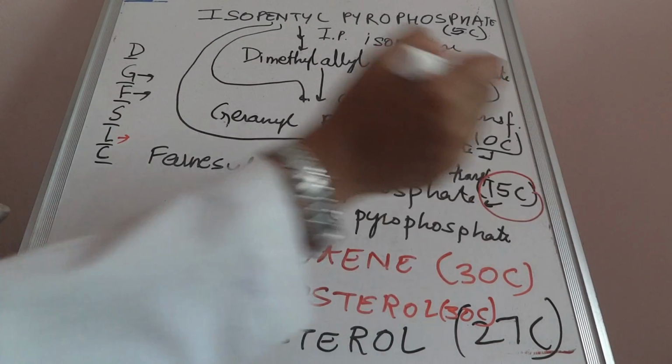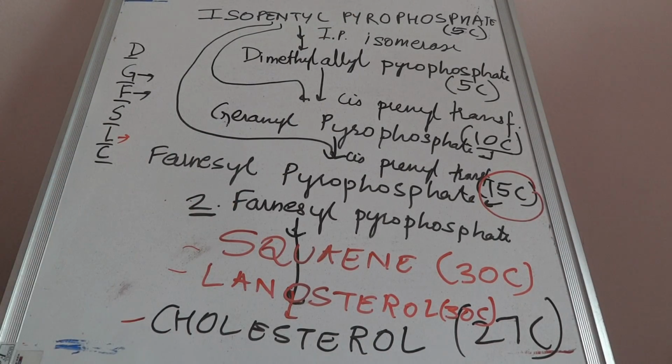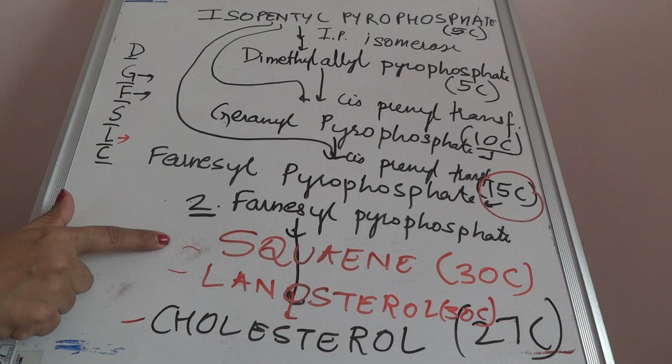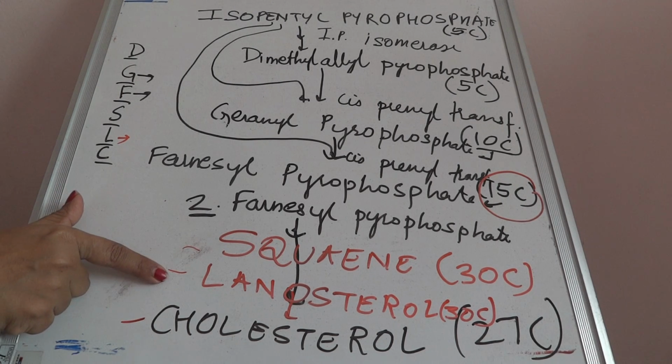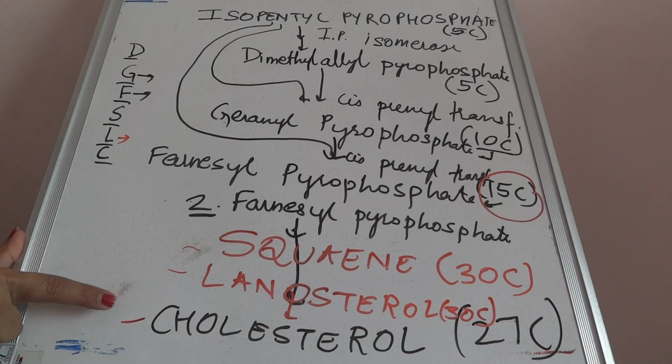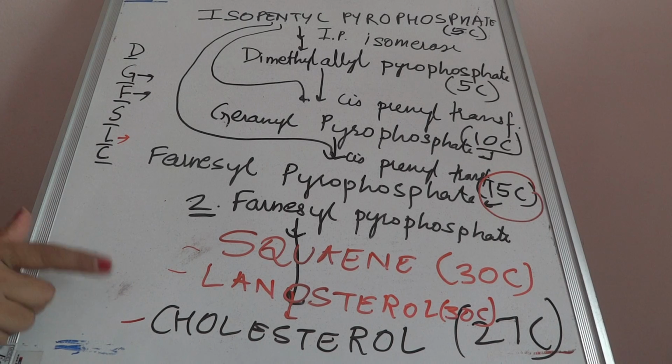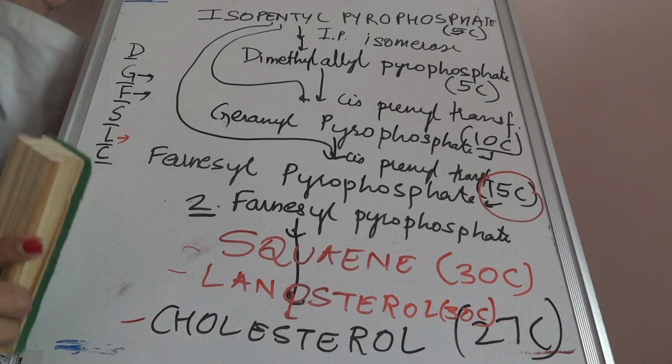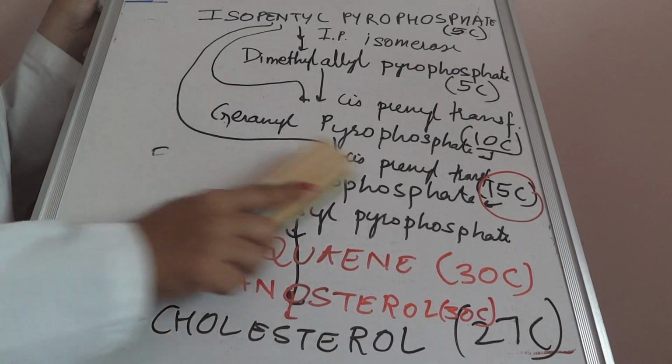So 2 farnesyl pyrophosphate combined together to form squalene. Squalene then formed lanosterol. So these both are 30 carbon compounds, but cholesterol was a 27 carbon compound molecule. Now we'll see from farnesyl pyrophosphate again how the cholesterol is formed.